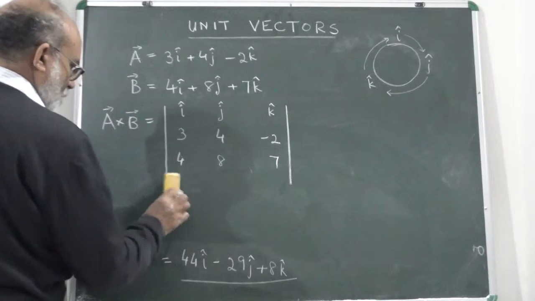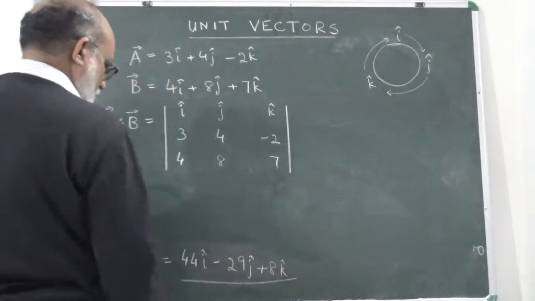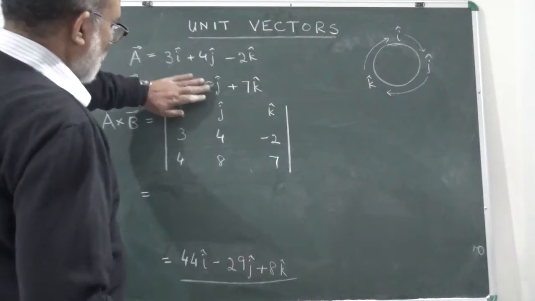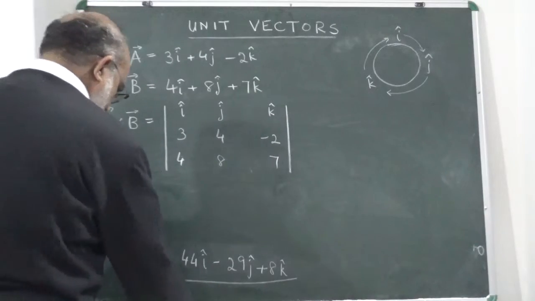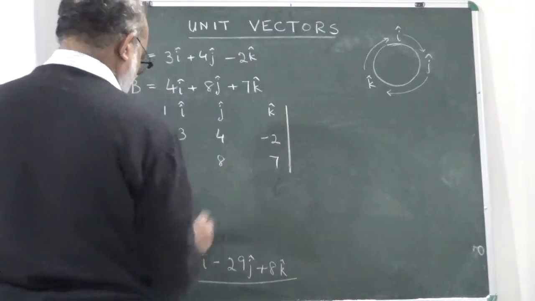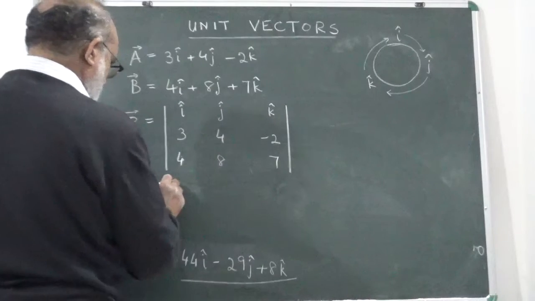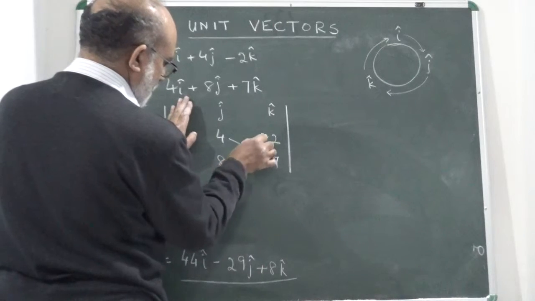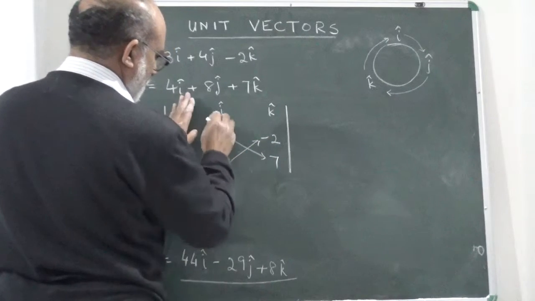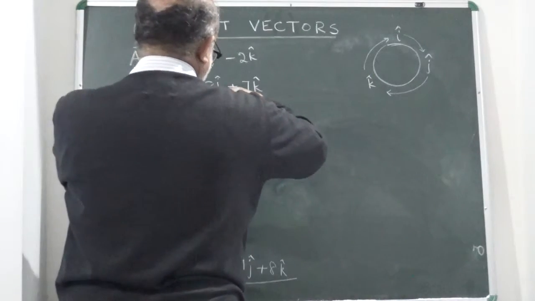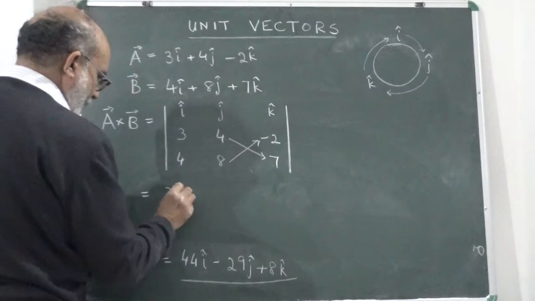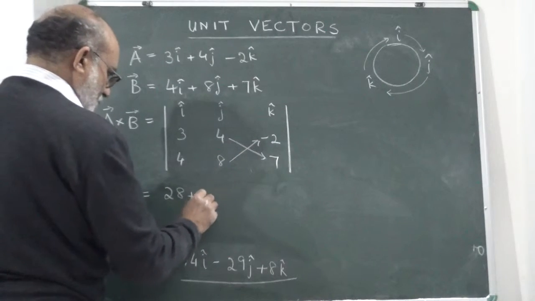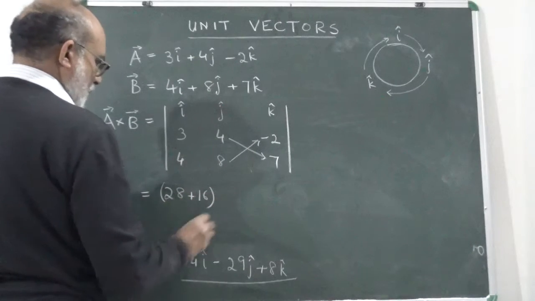So first if you take I, you remove these two, this row and column. So you multiply this with this, with a minus sign. So these two are hidden. 7 4s are 28, minus 8 2s are 16, so it is plus 16 I.